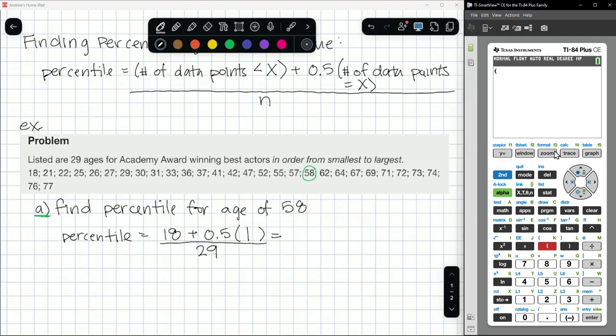Remember to put the numerator in parentheses, because we want to do that multiplication and addition in the numerator before we divide by 29. And I get 0.637, which if I multiplied by 100 would be 63.7.